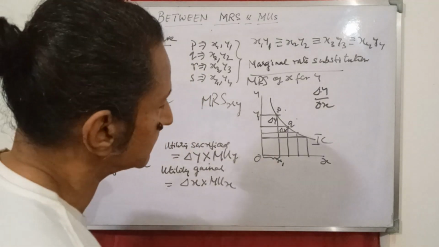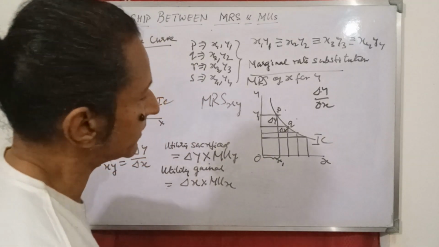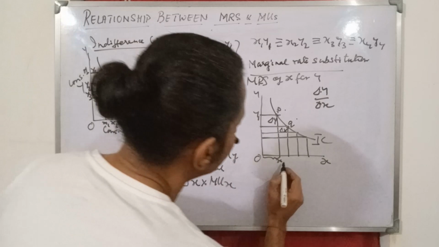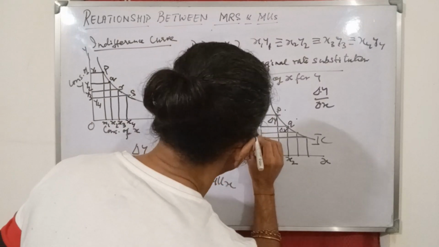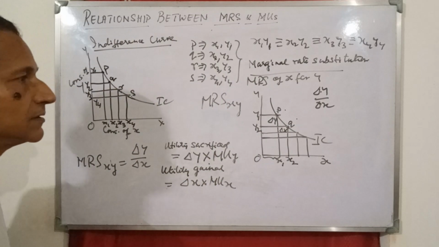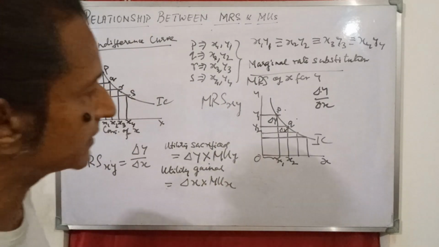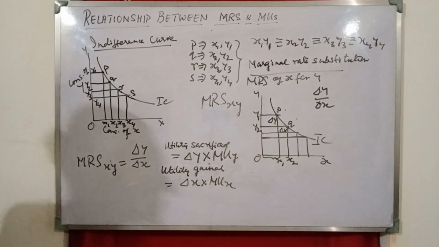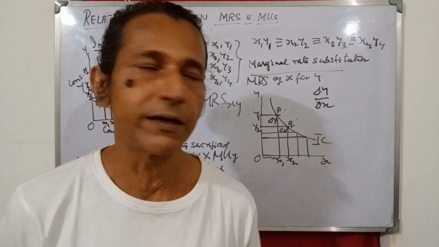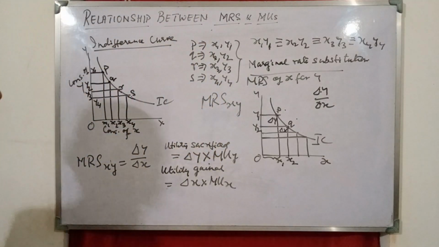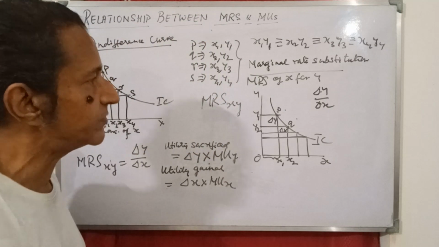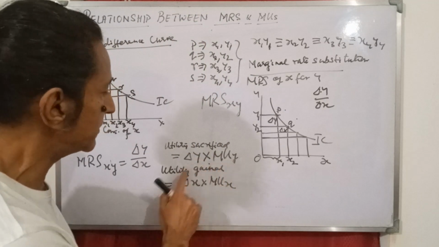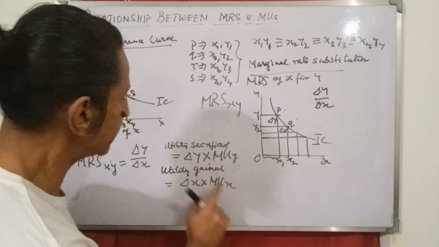So the total utility the consumer gets by consuming X1 units of X and Y1 units of Y must be equal to, if this is X2 and this is Y2, the utility the consumer derives by consuming X2 units of X and Y2 units of Y. Only then the consumer can remain indifferent between P and Q. So the utility sacrificed must be equal to the utility gained. So delta Y into marginal utility of Y must be equal to delta X into marginal utility of X.